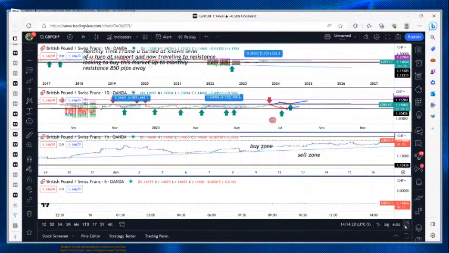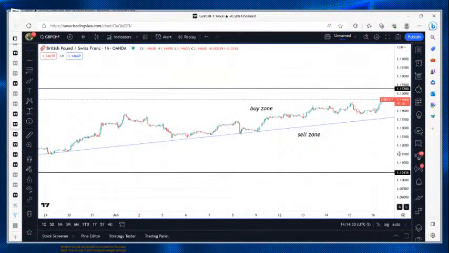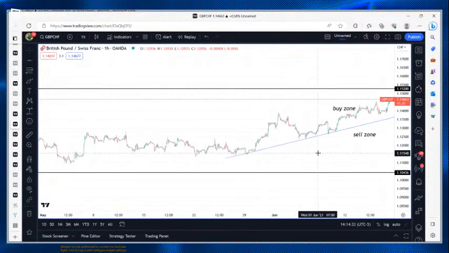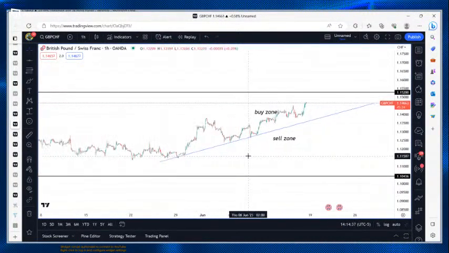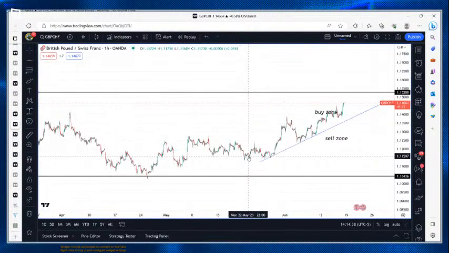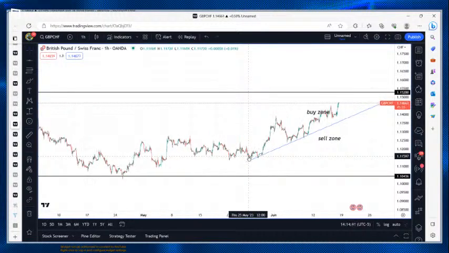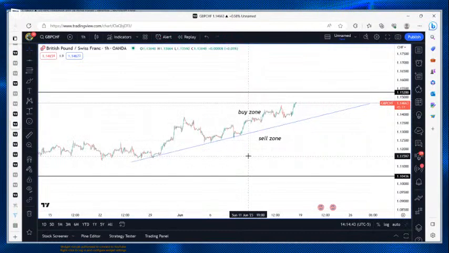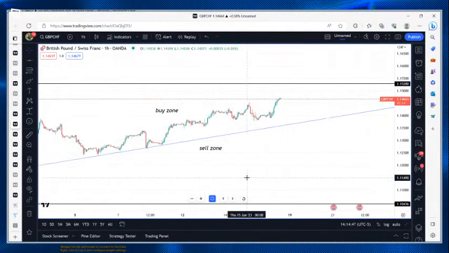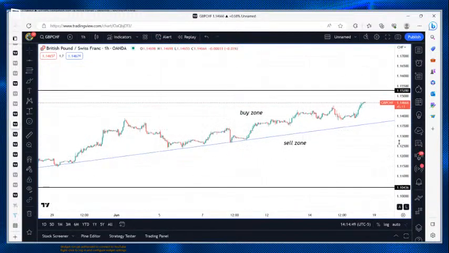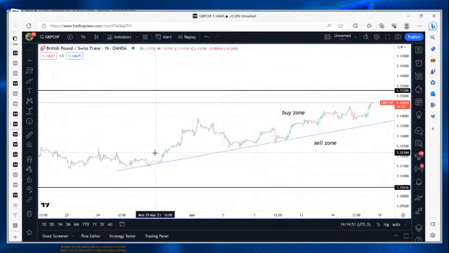Okay, so we got that on the 1 hour time frame. You see on the 1 hour time frame, the daily time frame traveling up to resistance. You see how we have the support angle where the market is actually channeling up, making higher highs, higher lows.